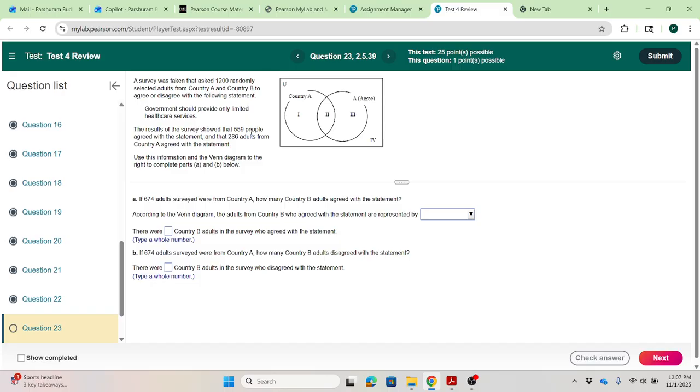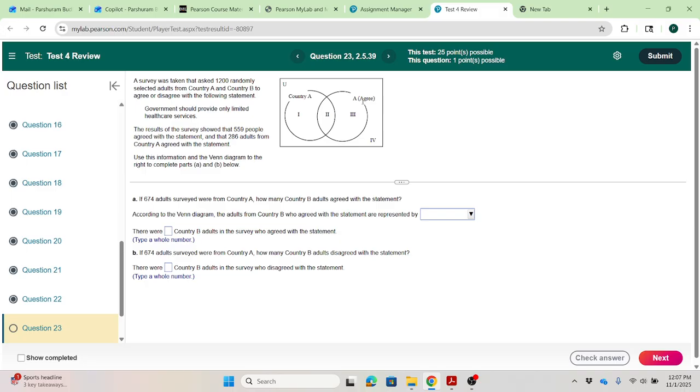Okay, a survey was taken that asked 1200 randomly selected adults from country A and country B to agree or disagree with the following statement. Government should provide only limited healthcare service. Country A, and then country B. This is country A, and this is A, agree.